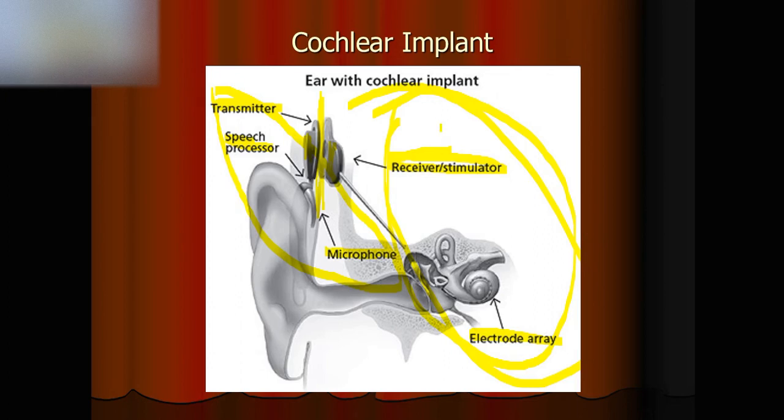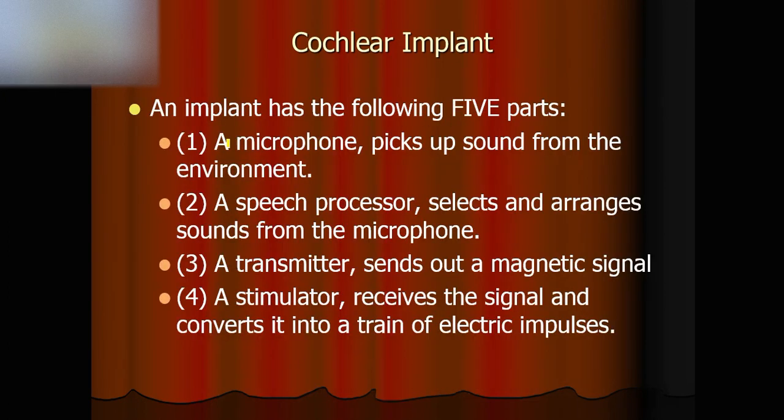So in summary, we have a microphone, a speech processor, a transmitter, and a stimulator. The microphone picks up sound from the environment, and the speech processor selects and arranges sound from the microphone.